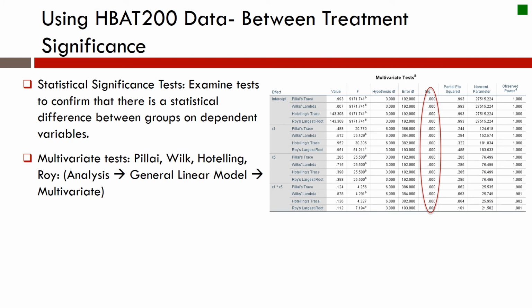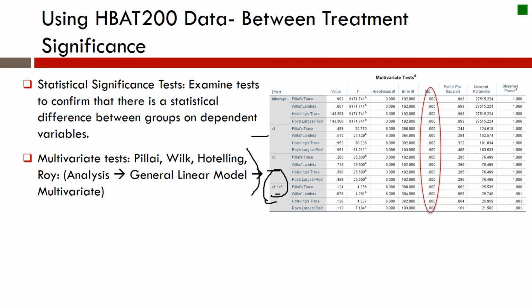And remember, there are several of these that we would normally run: the Pillai, Wilks, Hotelling, and Roy's, for each of the grouping variables, so each of the factors, and then an interaction for them. That's what we want to look for there. That'll be unique and unlike the other tests that we have, so we have an interaction term that's going on.